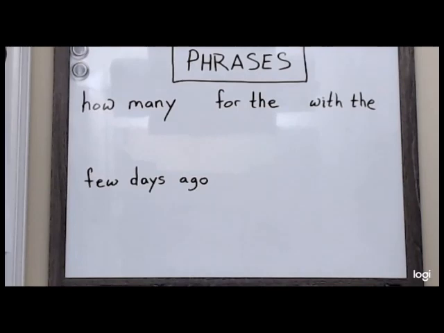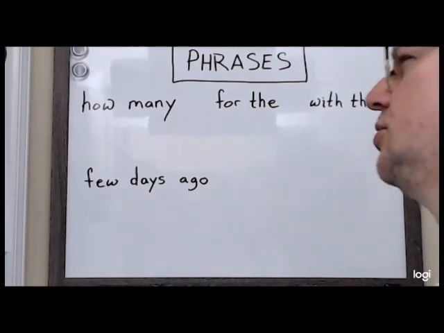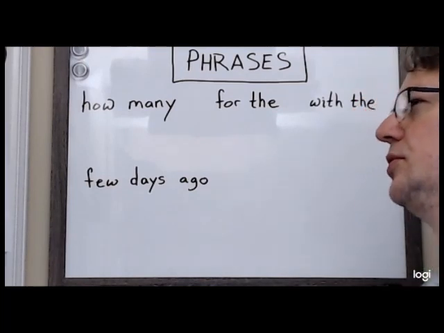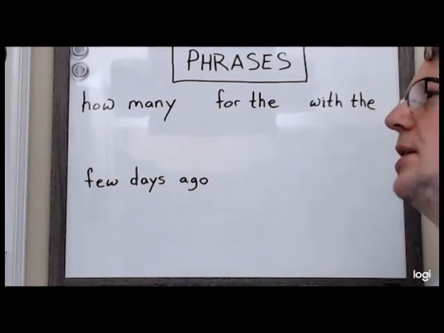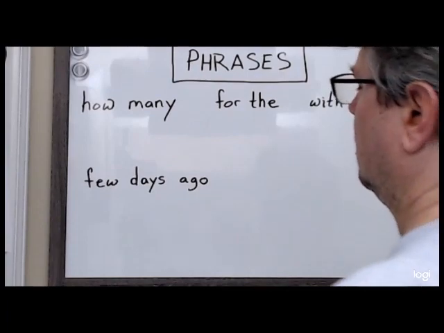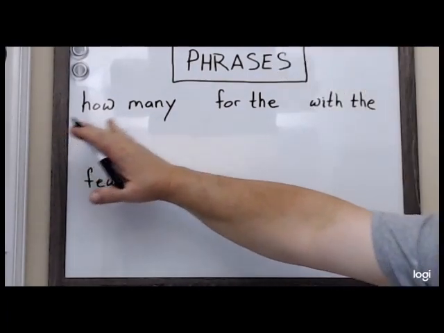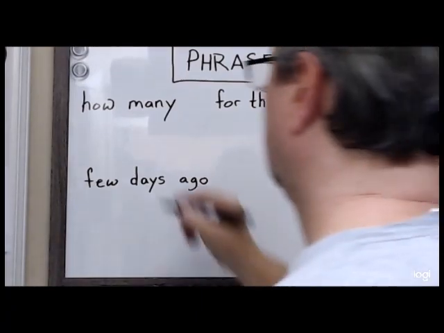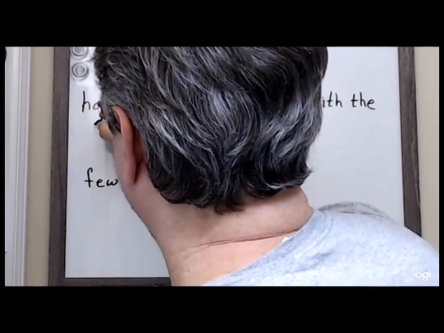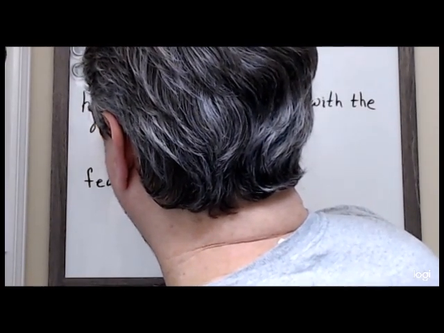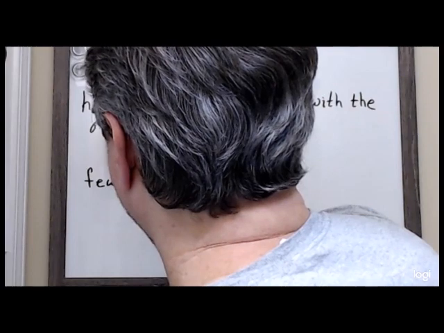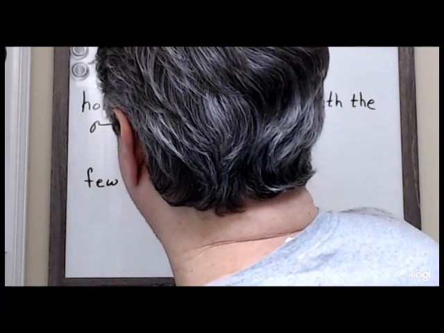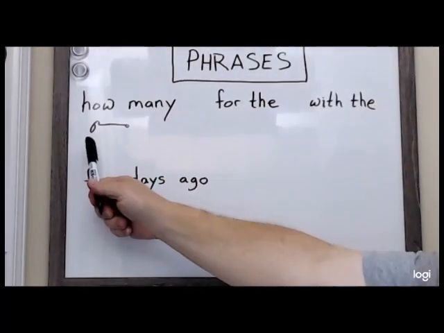The next set of figures are called phrases, which contain two or more words written in one outline. So the first phrase is how many. And what we're going to do is put the words together in one outline. So here is the word how. Then we're going to put many, the MEN stroke, with the E. How many.